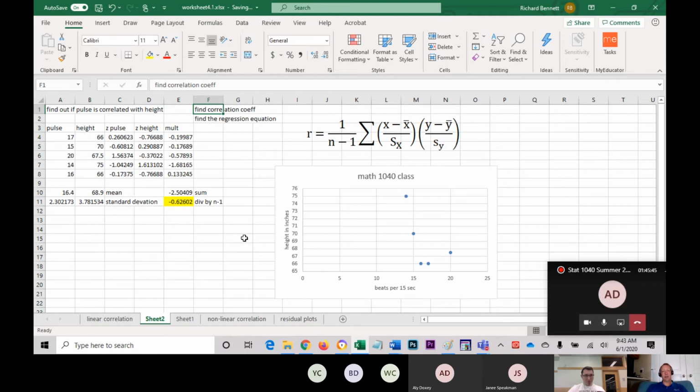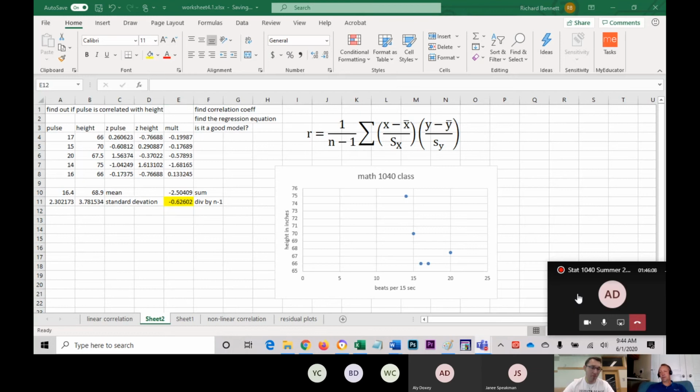Okay, so we found the correlation coefficient. Now, can we find the regression equation for this? And then actually I'm going to add another thing. Is it a good model? So based on a correlation coefficient of negative 0.62, actually, I'm going to throw another question at you.